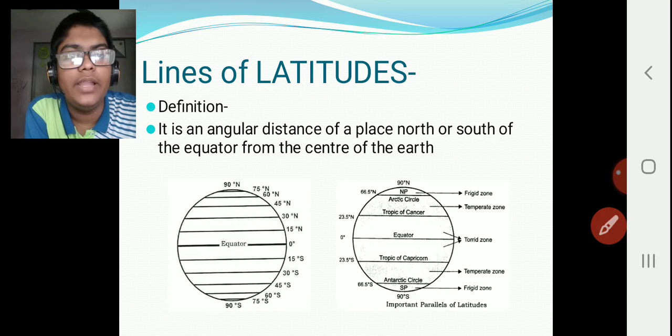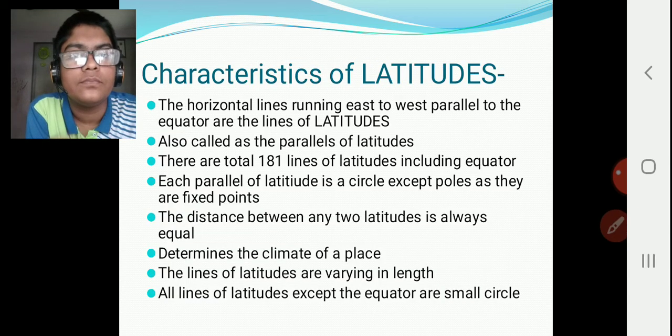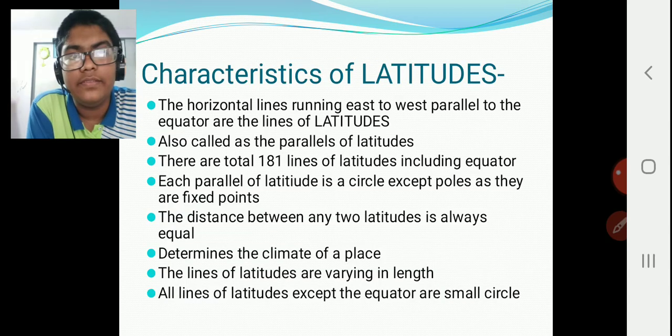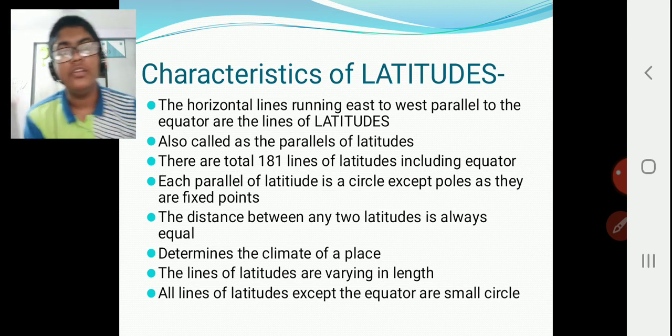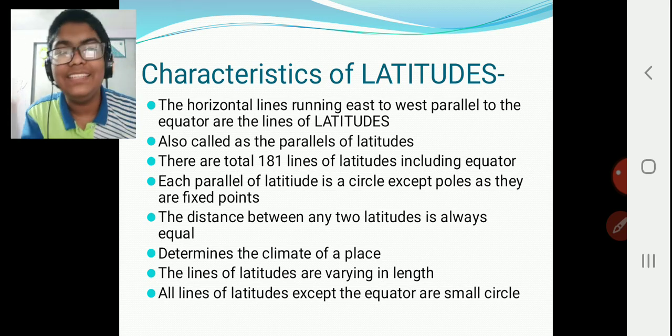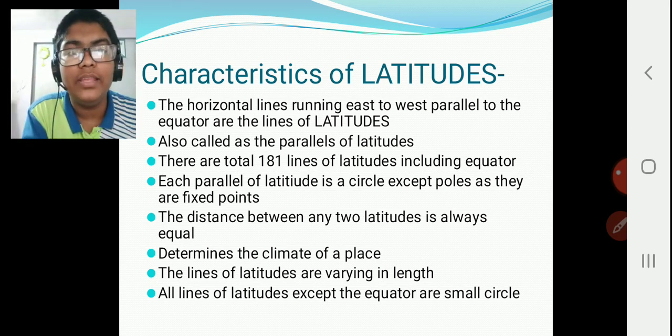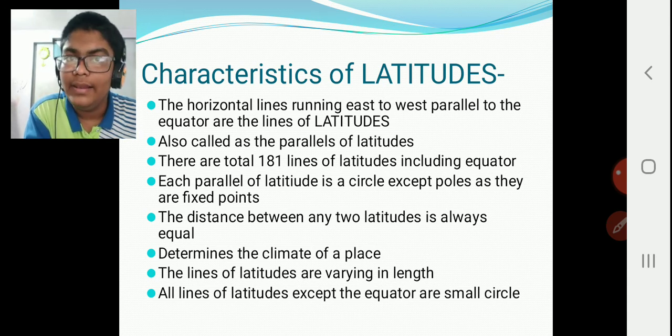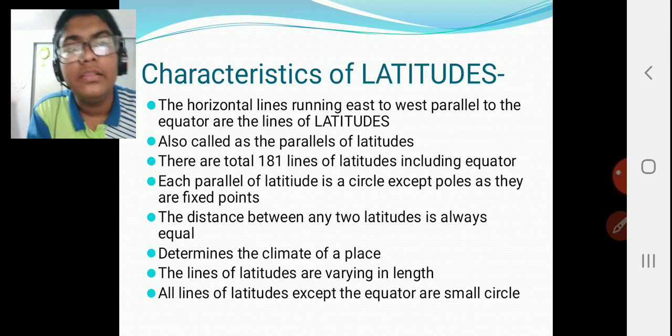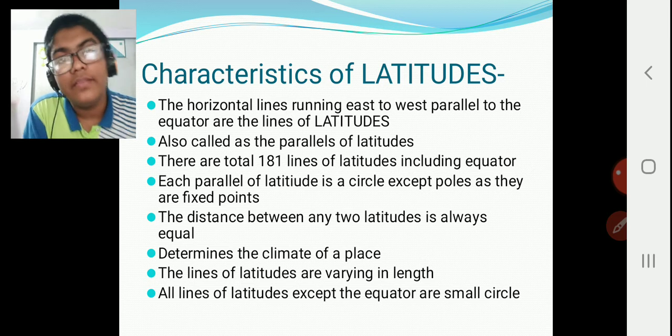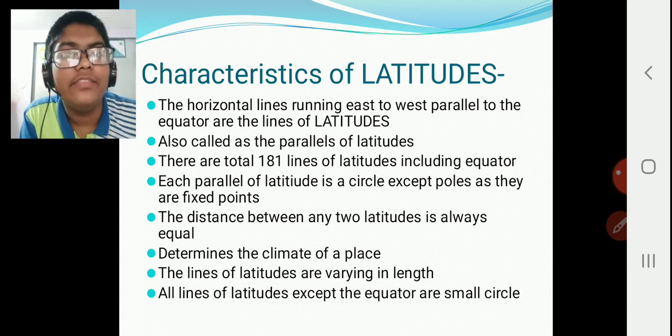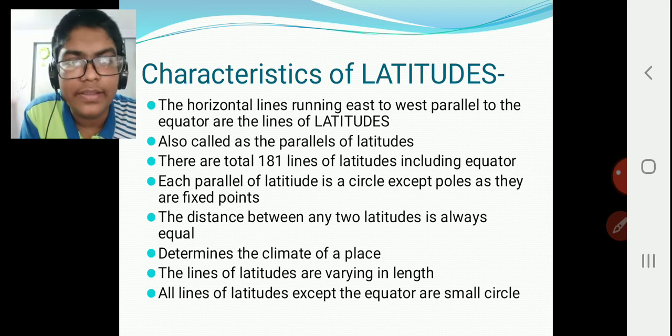Now let's move ahead. What are the characteristics of these latitudes? The horizontal lines that run from east to west parallel to the equator are the lines of latitudes. They are also called the parallels of latitude as they are parallel to each other. They never intersect.